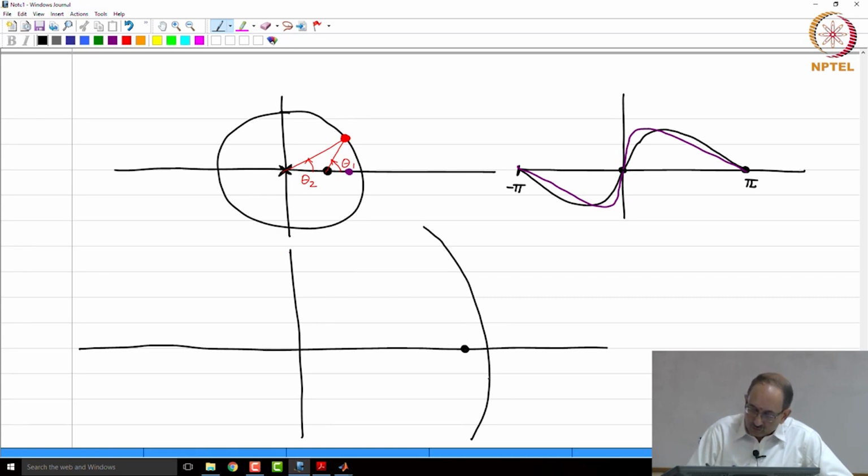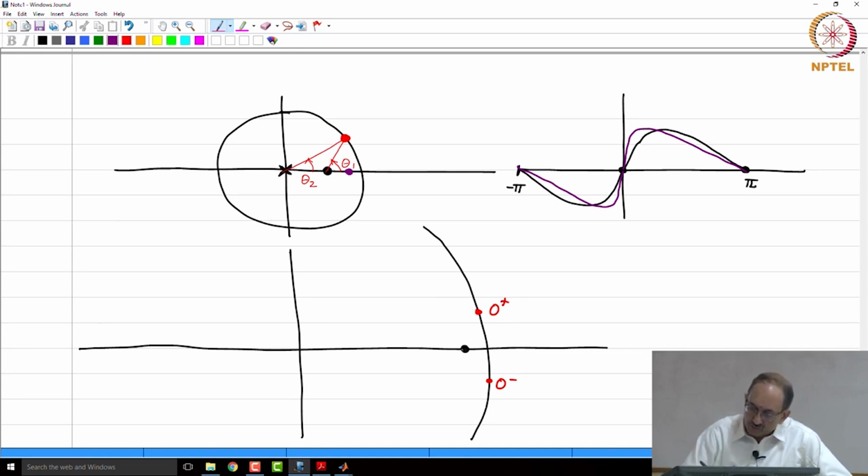So, when I am here on the unit circle, I am at omega equal to 0 minus. When I am here on the unit circle, I am at omega equal to 0 plus, and R is very, very close to 1, and this is an expanded view.